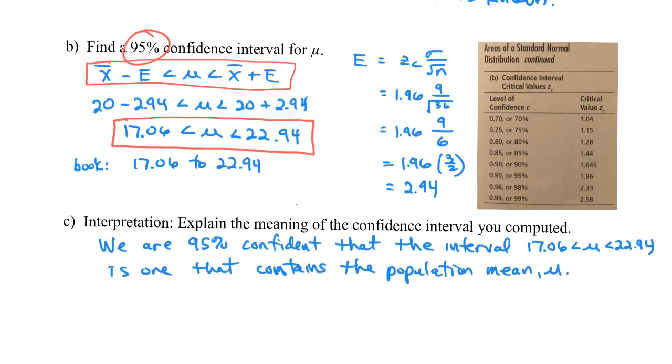Okay, so what this means is, first, we are 95% confident. This is actually a mathematical statement. It's not a figure of speech. It's nothing like, I'm 95% confident that the Lions will win. Let's say I'm an optimist. So it's not a figure of speech.